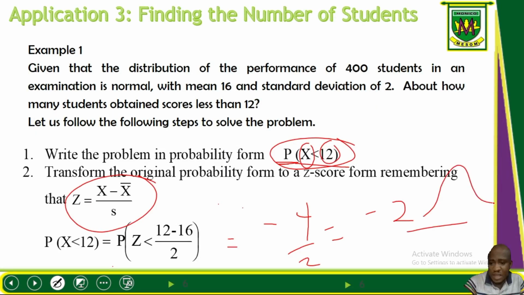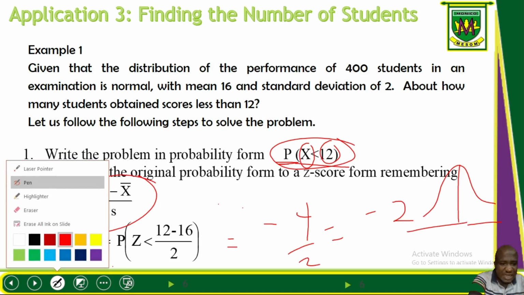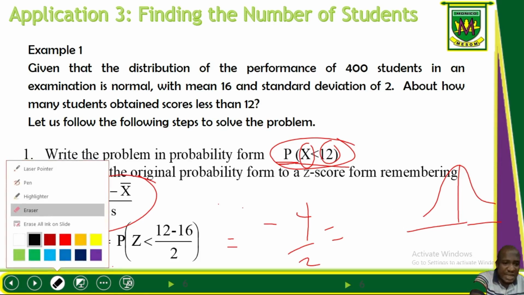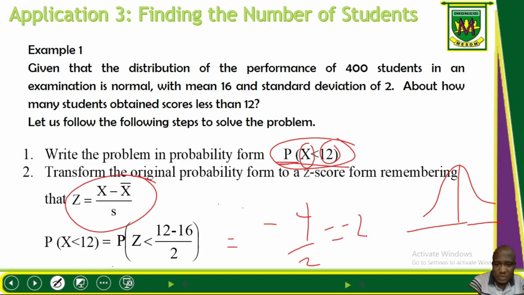In drawing the curve, since it is less than, you have to move towards the left direction. So we know 1 will be here, negative 1 will be here, negative 2 will be here. And we are looking for scores.